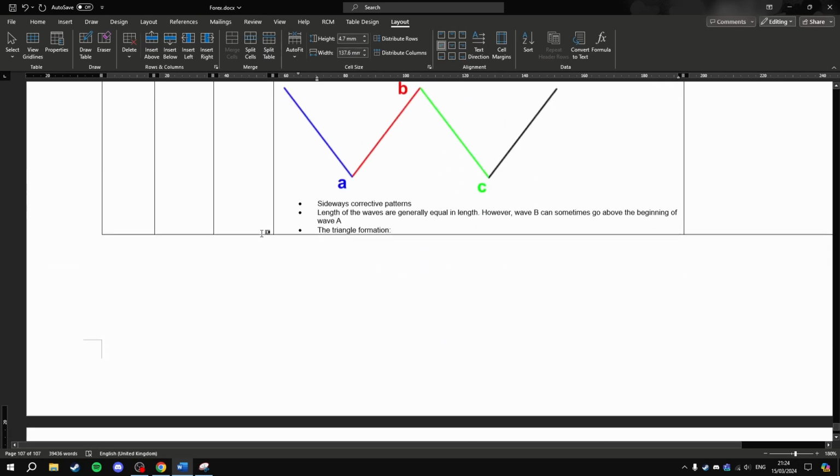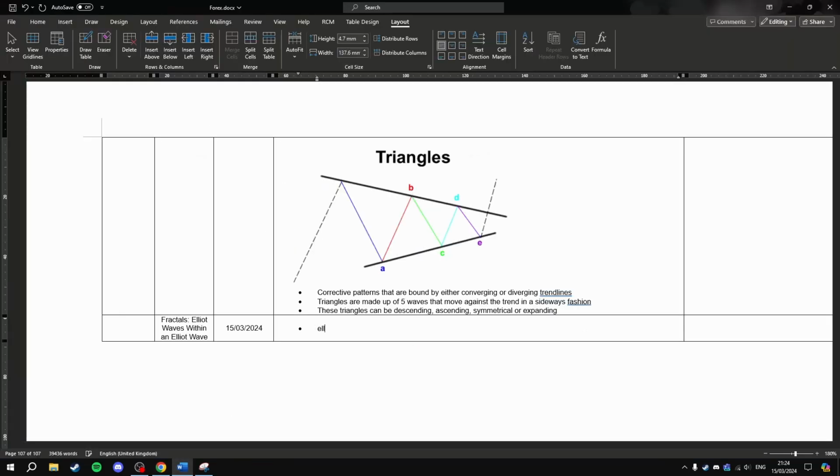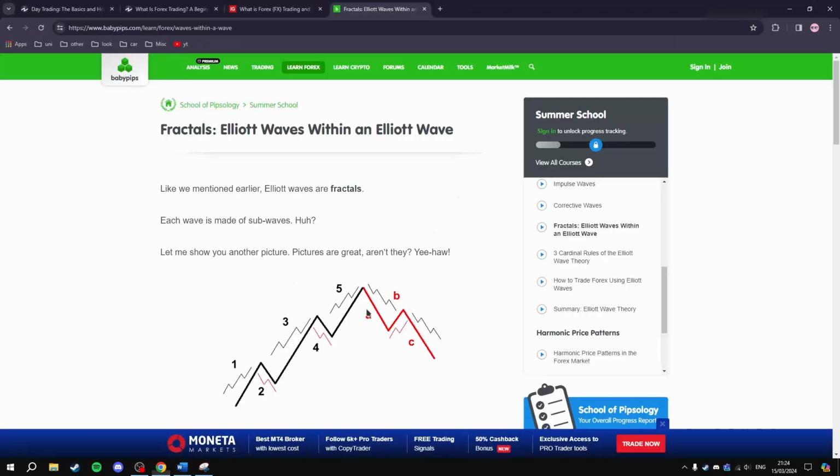Like we mentioned earlier, Elliott waves are fractals. Each wave is made up of subwaves.